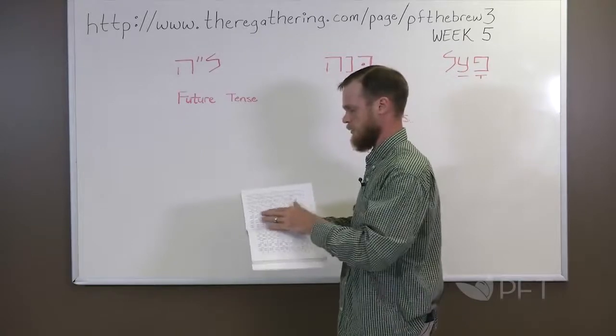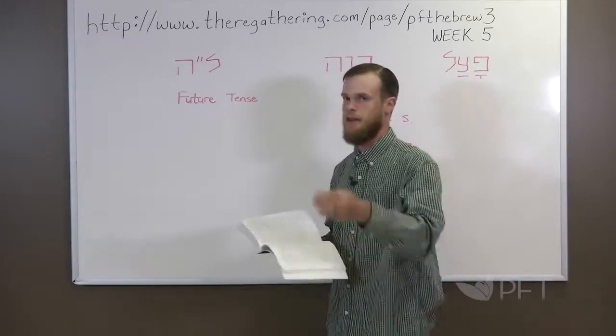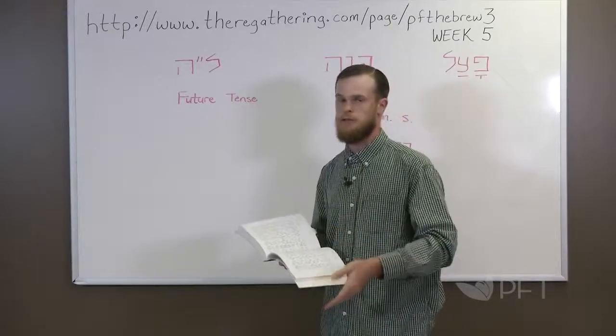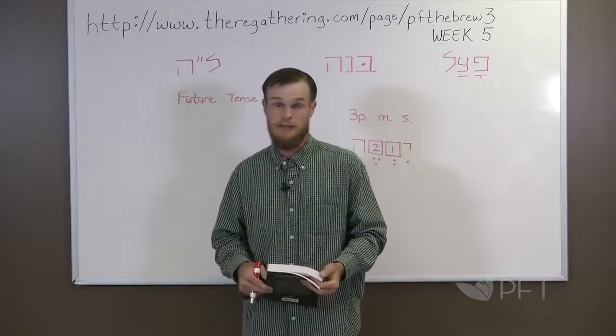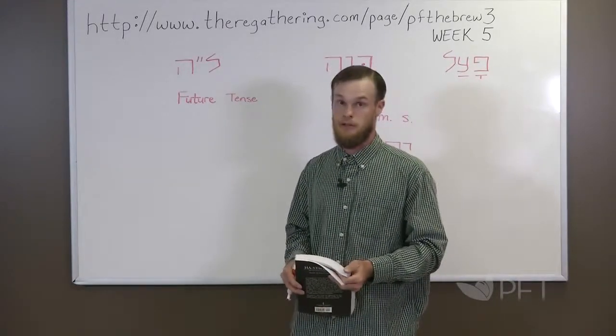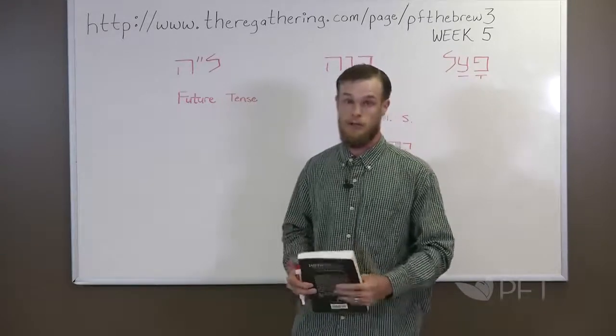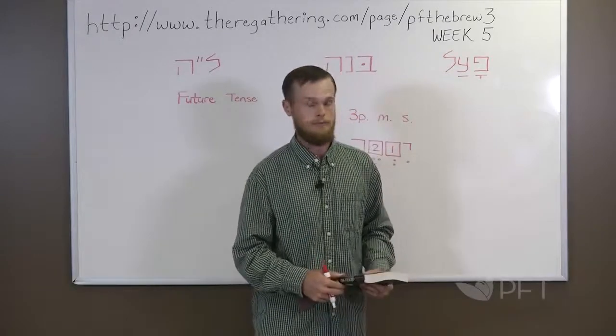It doesn't subdivide things the way mine does, so you can't just take this and line up third person, masculine, singular, and so on. So I like the way that my charts are constructed because it does make it easier, but just be aware that most charts may not be constructed in that way if you find them in a dictionary or a textbook. So it's good to know how to navigate your way around.